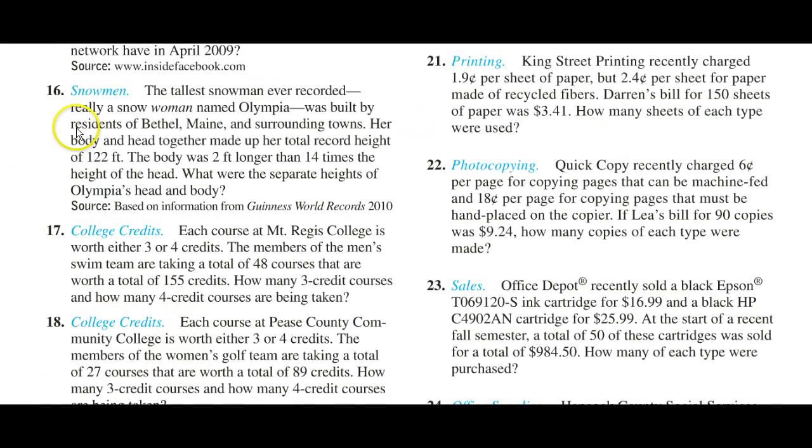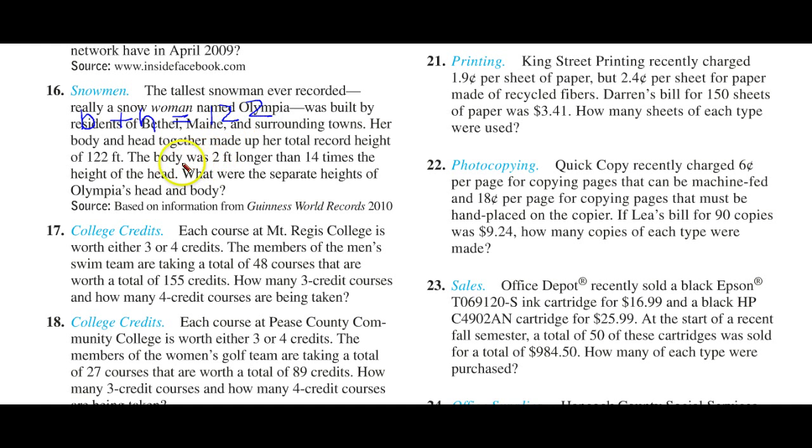All right, we'll take a look at another here. We'll take a look at 16 here. It's sort of interesting. Since we're in the winter time here, we had our first snow. So again, you want to identify letters to name the variables. Well, we have body, so we can use B for body, and head, H. And they're saying the height of the body plus the height of the head is equal to 122.